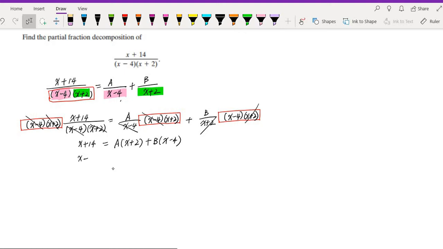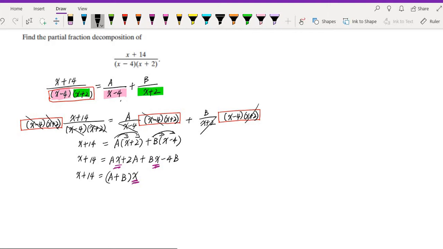We're going to leave the left side alone, and do a distribution. Then we're going to have ax plus 2a, then plus bx minus 4b. I'm continuing to leave the left side alone. What I'm going to do is collect the x terms. So that is my x, that is my x, and putting them together will be ax plus bx.